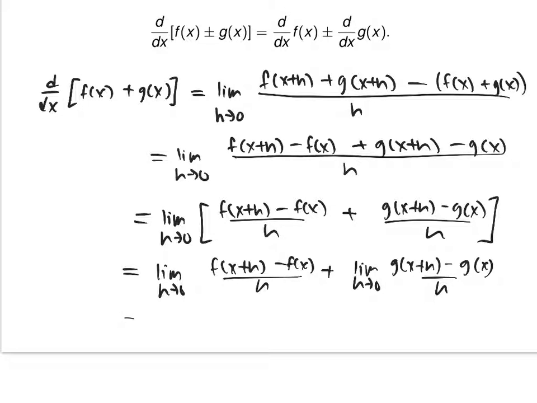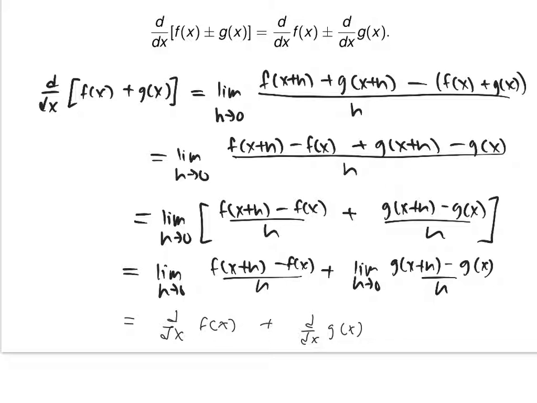And so this first thing is the derivative of f of x. The second thing is the derivative of g of x. What this says, really, and how we're going to use this, is if you have things added together, you can differentiate it one term at a time. First derivative plus second derivative, or minus.